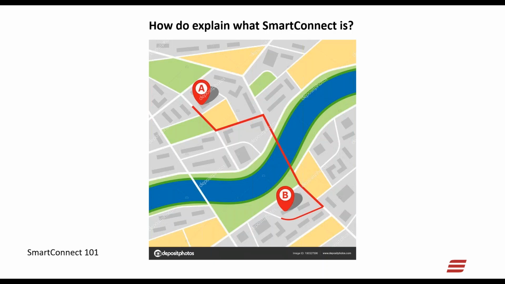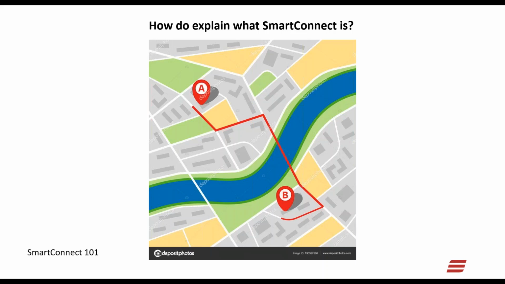So I explain SmartConnect as the engine that allows us to take data from point A to point B and back again if we want. If you know your customer specific system they're integrating with, it's even better, right? So let's take Business Central, for example. You can say SmartConnect allows you to connect your Business Central data to other systems, or SmartConnect allows you to move your Business Central data to other systems.